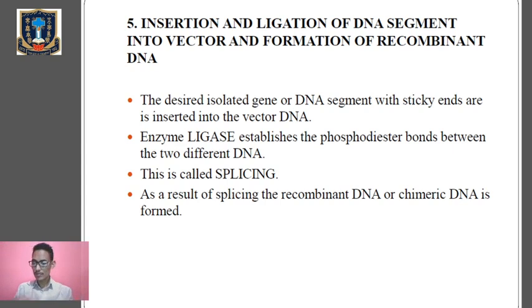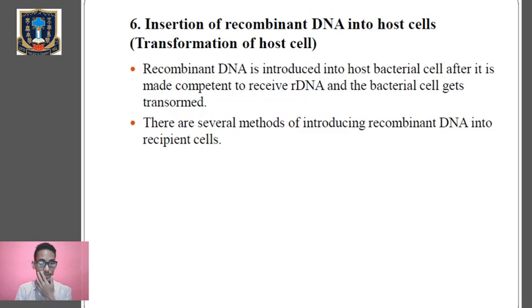After the formation of recombinant DNA, the next step is insertion of recombinant DNA into the host cells. Once the recombinant DNA has been created, it has to be inserted into the host cells. Generally we use E. coli cells, or Escherichia coli cells.